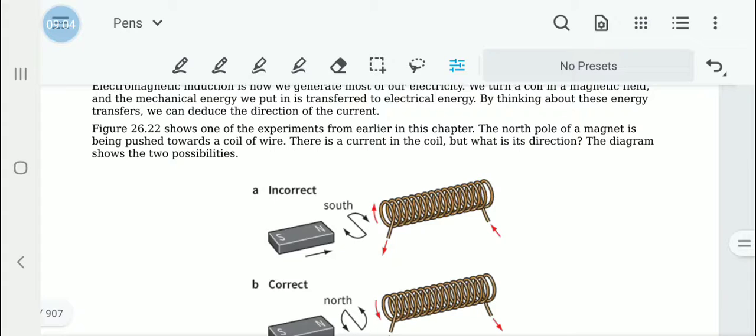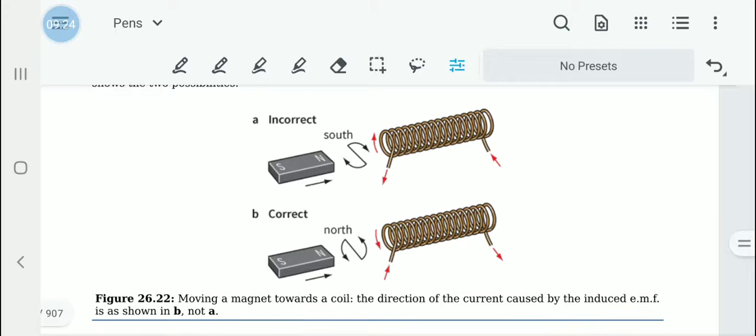So here what we have is we are pushing the north pole of a magnet towards the coil of wire. This generates a current in the coil. We need to realize which direction it is going to be.